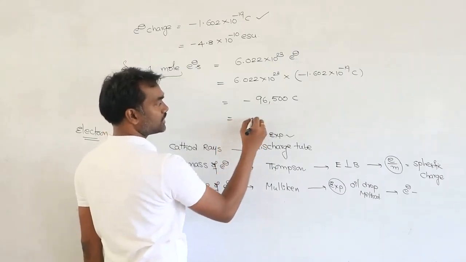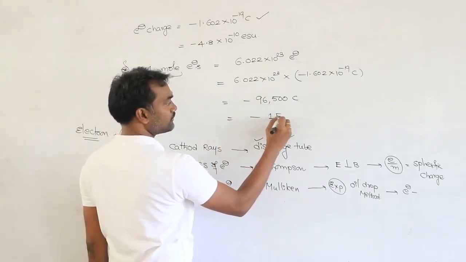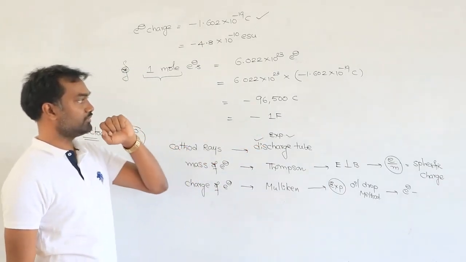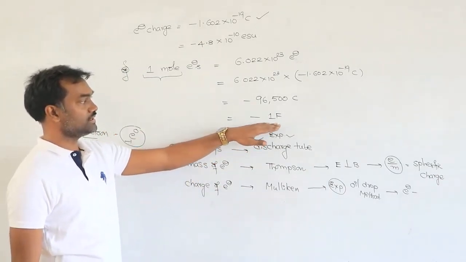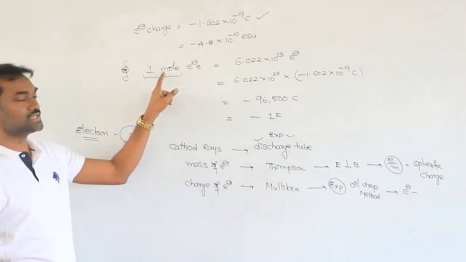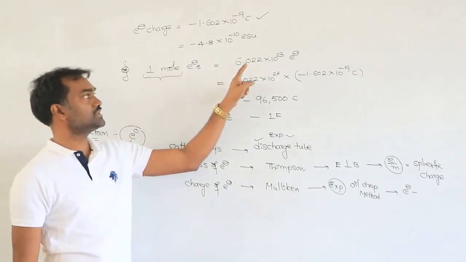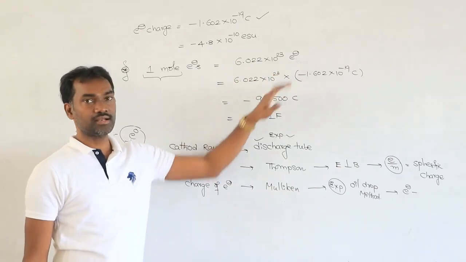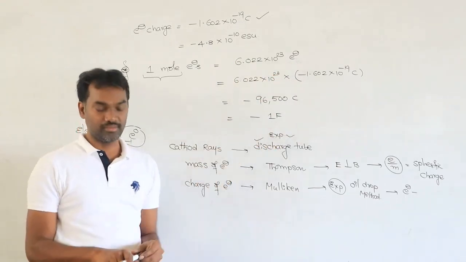This total is called minus 1 Faraday. Suppose we are sending 1 Faraday of current, you must imagine we are sending 1 mole of electrons, that means 6.022 into 10 to the power of 23 electrons.